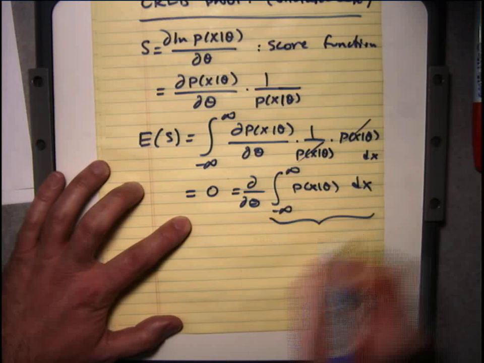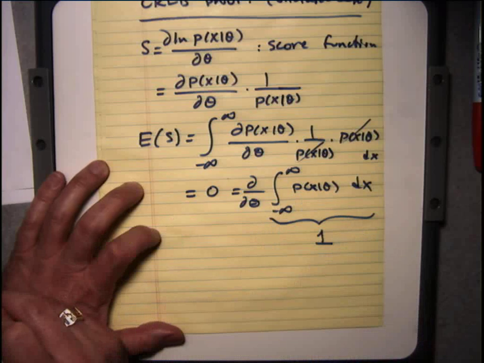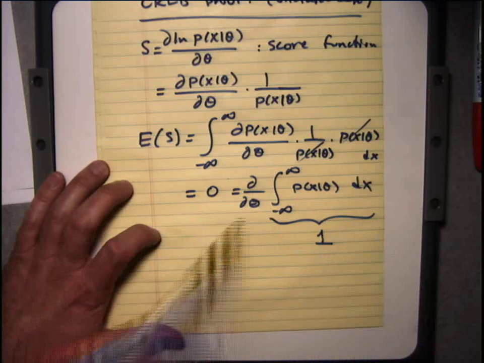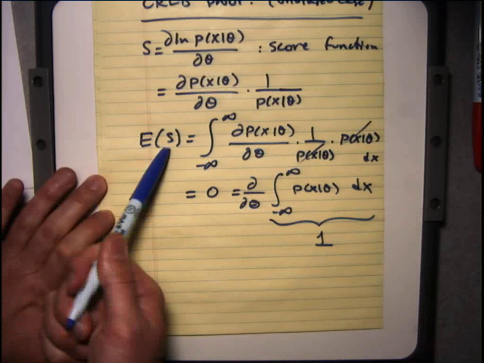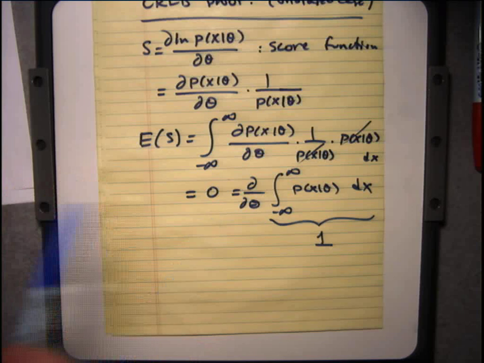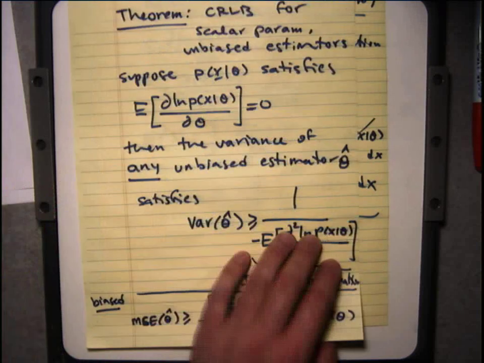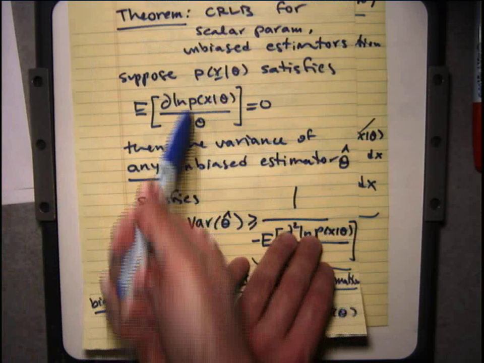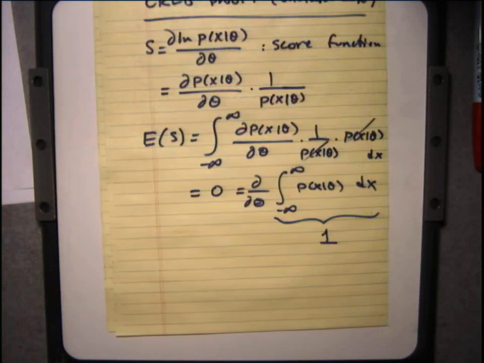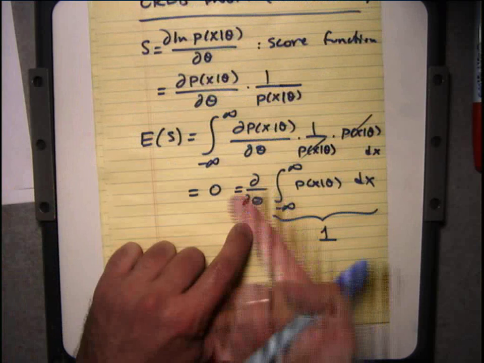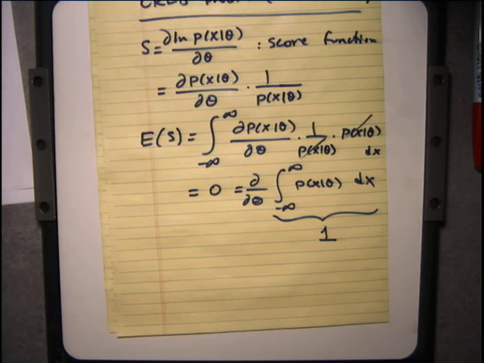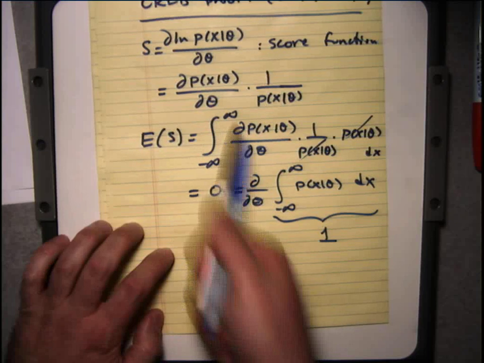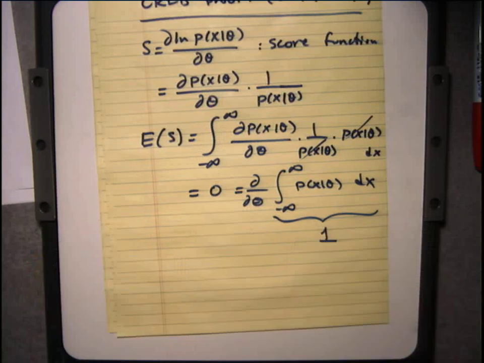This, by definition, is equal to 1. So this derivative is simply 0. What this shows you is the expected value of the score function is always 0, which is what I had as my regularity condition. No big deal, unless this p behaves really strangely and I can't pull this derivative out of the integral. Highly technical things have to happen in order for me not to be able to reverse the integration and the differentiation here. Otherwise, this is equal to 0.